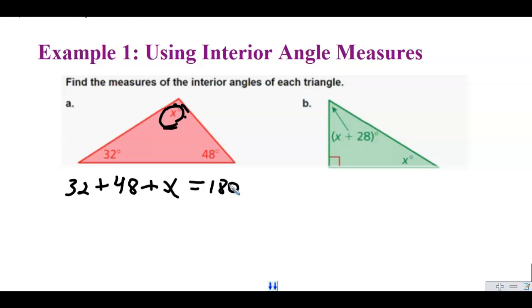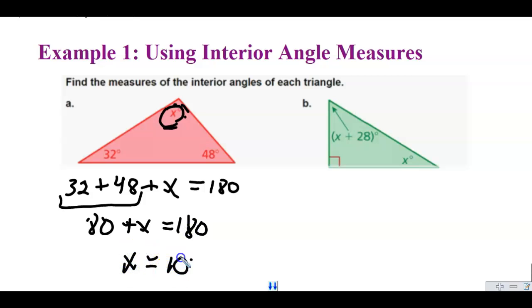Now it's just a simple solve for x. You could combine the constants on the left-hand side, and we get 80 degrees plus x equals 180. Most of us can see that x has to equal 100. Otherwise, just subtract 80 from both sides of the equal sign, and you still get x equals 100 degrees. So that missing angle is 100.